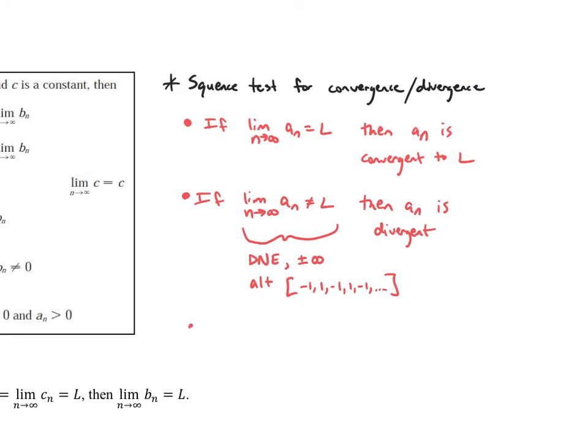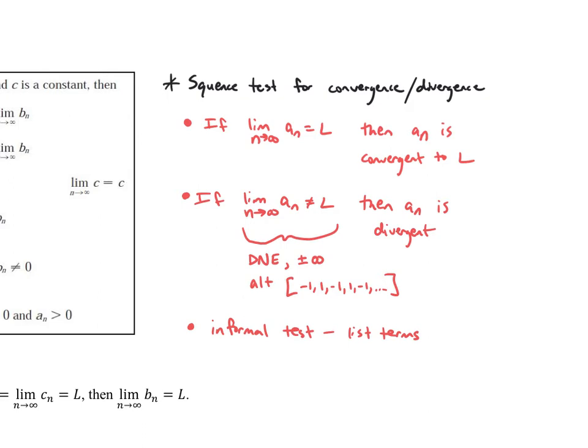Now, there is sort of an informal approach, and I kind of just modeled it a second ago, but I'd say maybe an informal test, I suppose. The limit test is really the one that we're going to use here. Take the limit, see what happens. But another informal test would be to simply list the terms. You may identify a pattern from that, and I'll show you some examples of this.